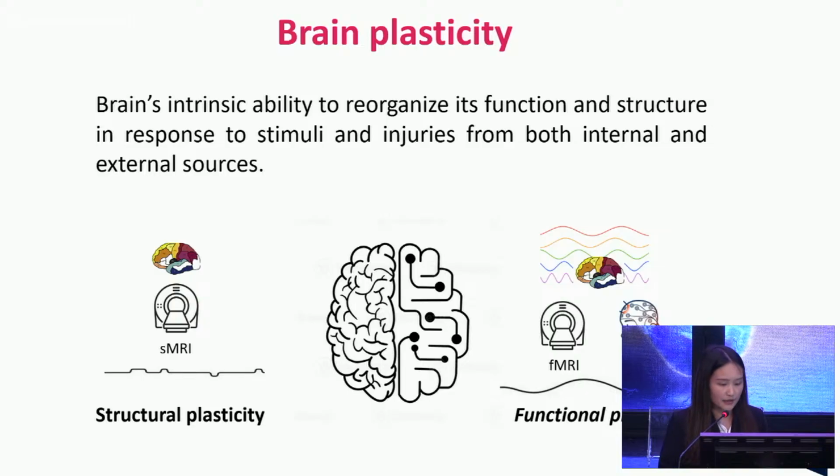The aim of this study is to use these multiple modern neuroimaging techniques, including structural and functional MRI and fNIRS, to explore brain structural and functional plasticity in different individuals across the lifespan. This work transcends the limitation of traditional single-modality neuroimaging techniques and provides a comprehensive understanding of brain plasticity.